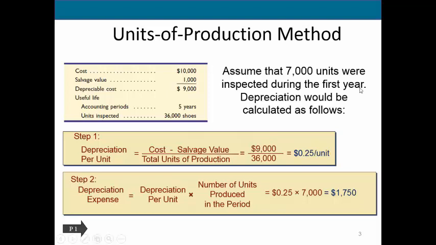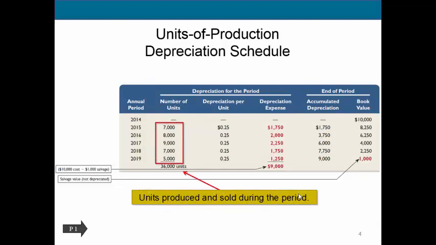In this case, for the first year, we inspected 7,000 units, so we put that into our equation, multiply 25 cents by 7,000 units, and you can see here that tells us that we need to depreciate $1,750. We would then do this for each and every year based on how many units we inspect to come up with our depreciation for the year.